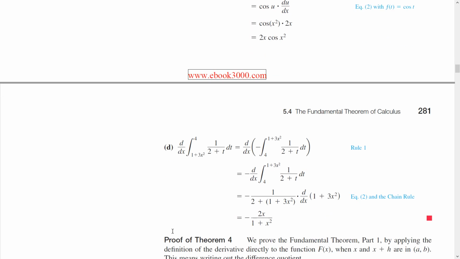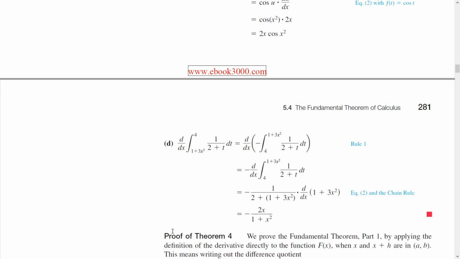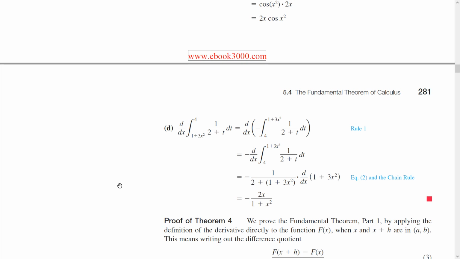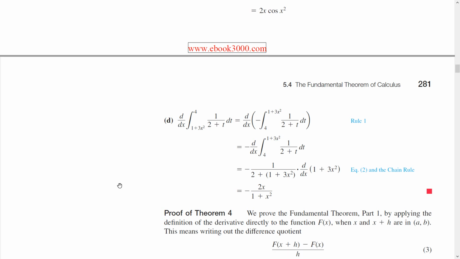Similarly, we can solve part d, which is the integral from 1 plus 3x square to 4 of 1 over 2 plus t dt. Again, we'll use the chain rule directly rather than making a substitution.